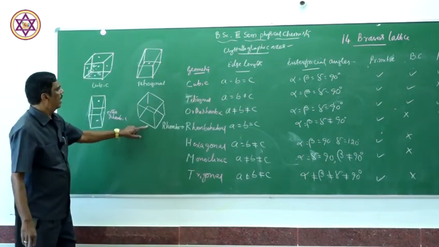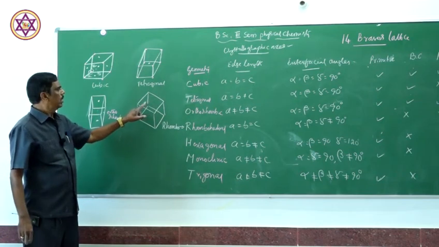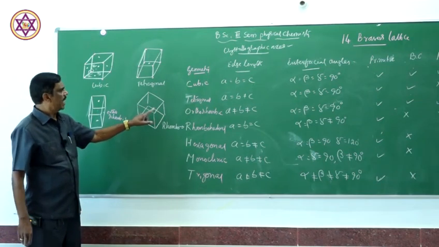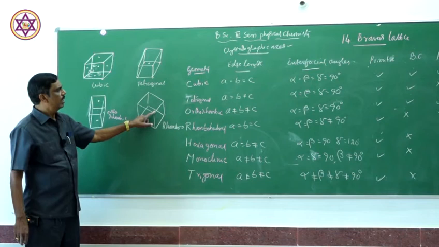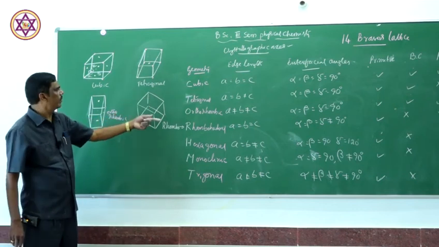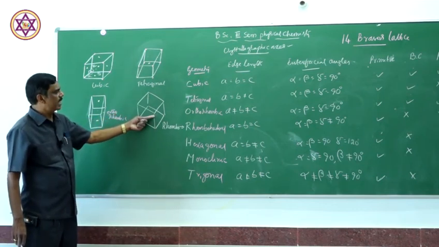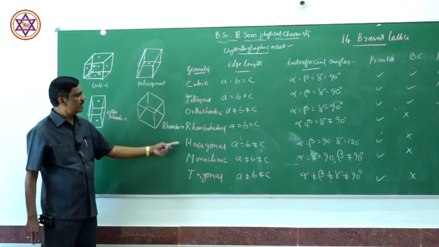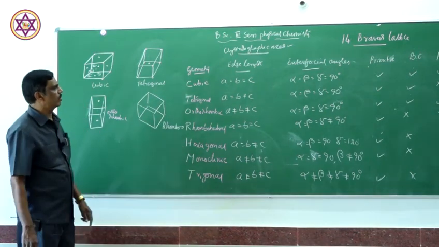In this rhombohedral, all the edges are equal, but angles are different from 90 degrees.